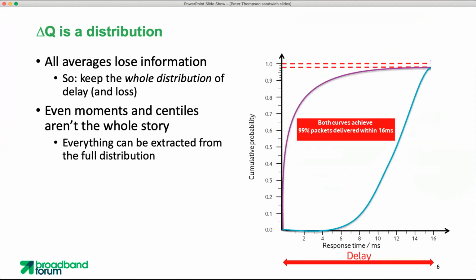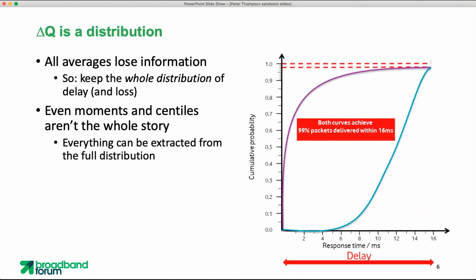Here's an example of a couple of cumulative functions that start from the same point and they finish at the same point. So you could both say they deliver 99% within 16 milliseconds, but I think it's pretty obvious that these are very different kinds of performance. And we could come up with other examples that have the same average and the same centile, but still are significantly different.